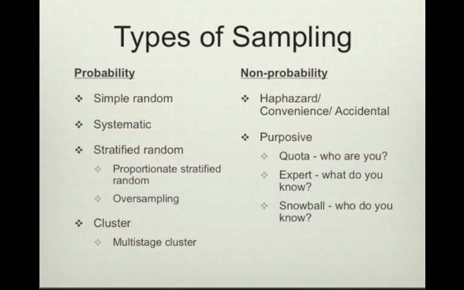However, that might not get us an equal chance of getting a sophomore, a junior, a senior, or a freshman student. And we want to make sure that we have people from each section in our sample. So with stratified random sampling, you would group all the freshmen together, all of the sophomores together, all of the juniors together, all of the seniors together, and then you would take a random sample from those groups.